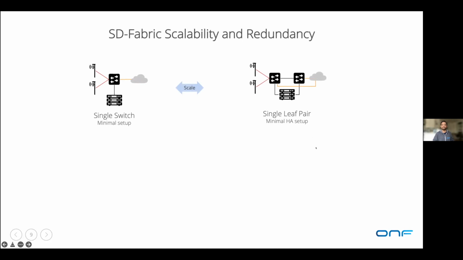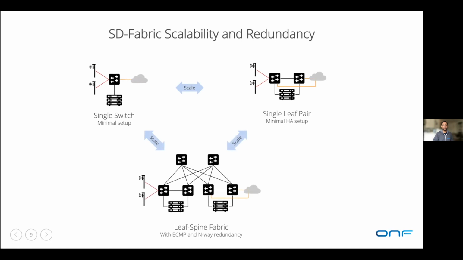And in case your deployment needs to grow into multiple racks of servers, you can extend that fabric at runtime to involve spine switches and more leaf switches. This is a capability that SD Fabric provides to anyone who wishes to deploy, start small, and then scale up their deployment.